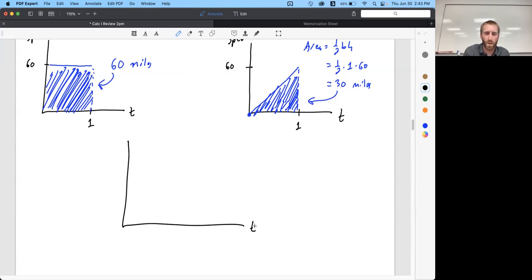It gets much more complicated when we have a more realistic pattern, right? So we start at 0, we accelerate, we get slowed down, we stop at a traffic light, we go back up. All right, so how far did I go in this time? Well, it's still area under the curve, but now the question is, how do I get the area under that curve?